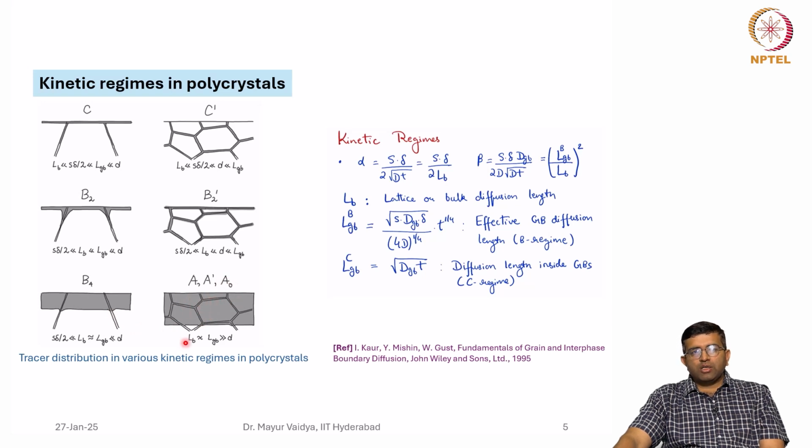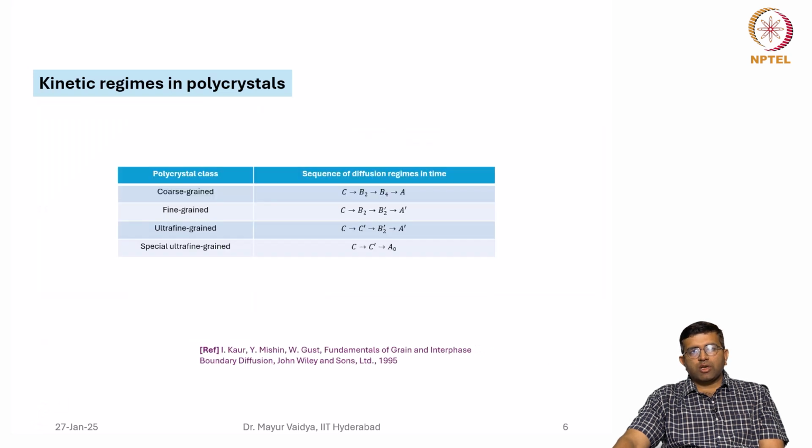We will see these as we go along. Which regimes will be operative and which will evolve depends upon the type of polycrystal we are dealing with, which was summarized in this reference.